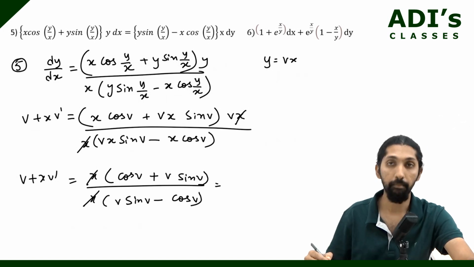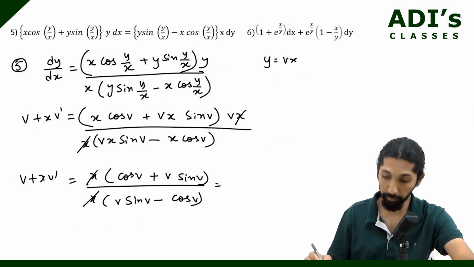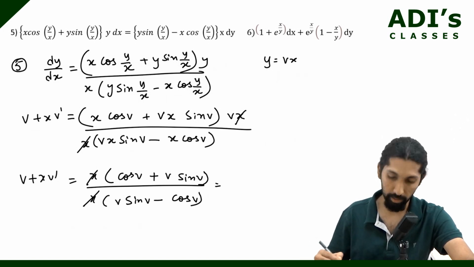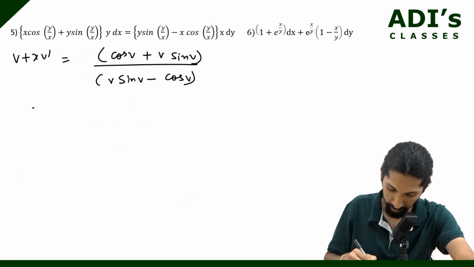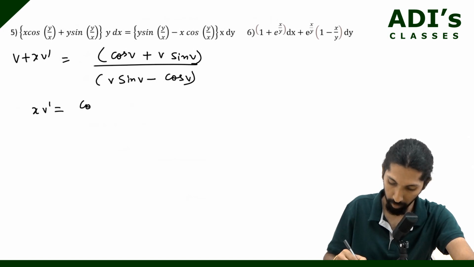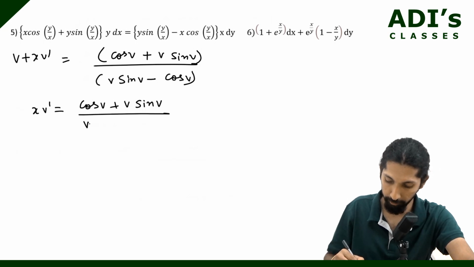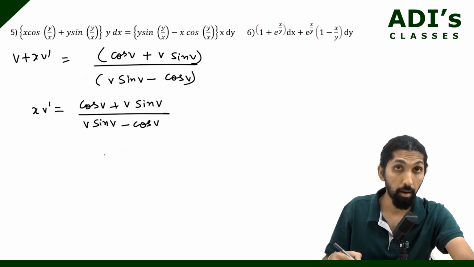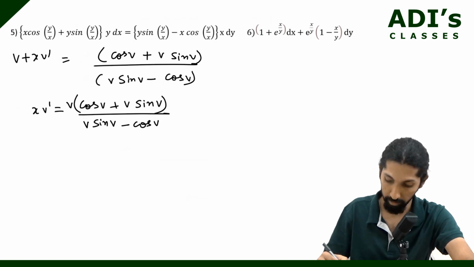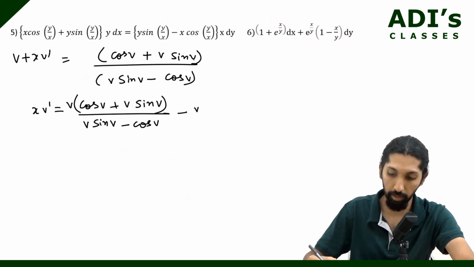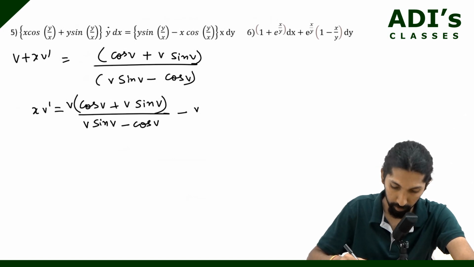Now what do? Take the v on the other side. That means this is going to become the same thing, whatever RHS you have, minus v, correct? Cos v plus v sine v by v sine v minus cos of v. But remember, there is an into v here, correct? Minus v. See, guys, why are you thinking there is a minus v? Is because of this v. This one.